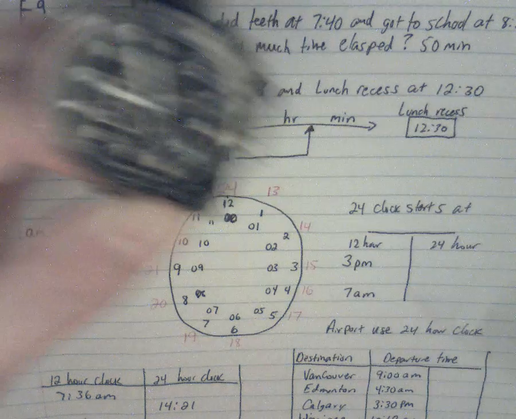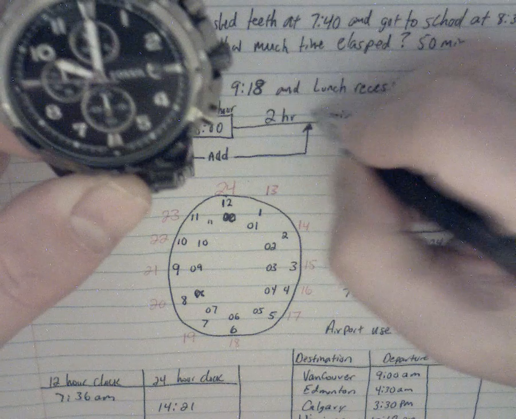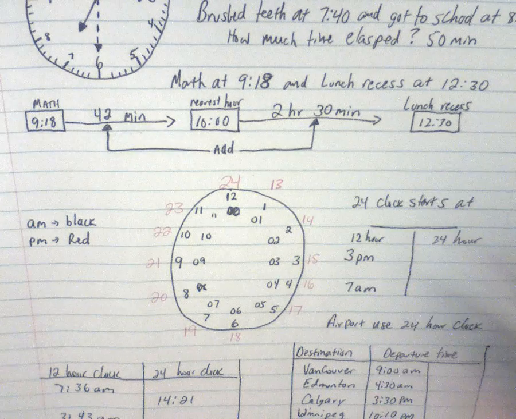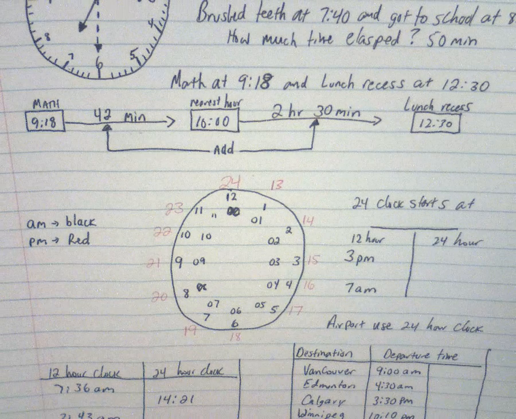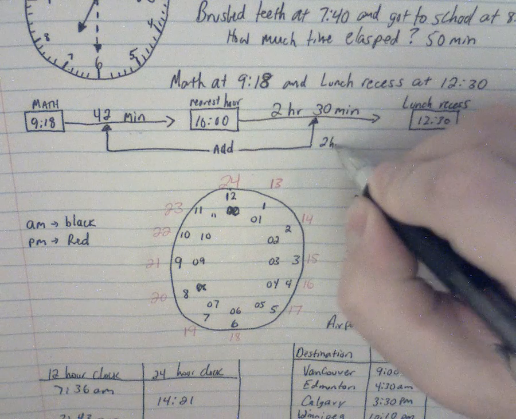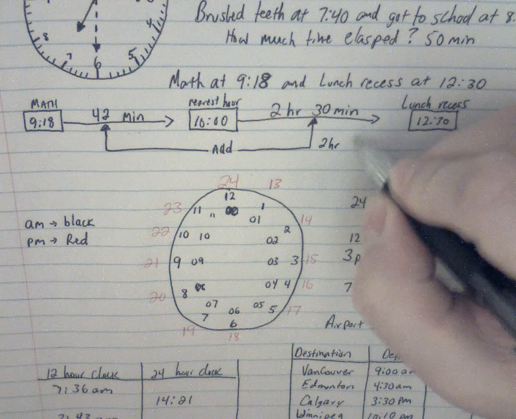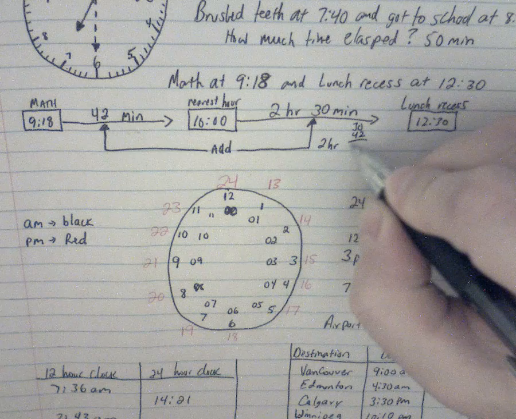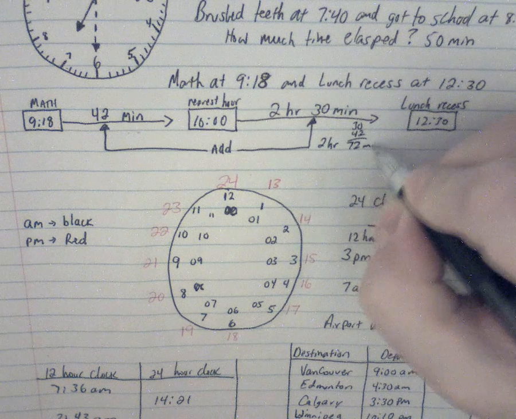And then how many minutes to 30? 30. Then I want to add these together. So I'm going to get 2 hours, and because 30 plus 42 is 72 minutes.